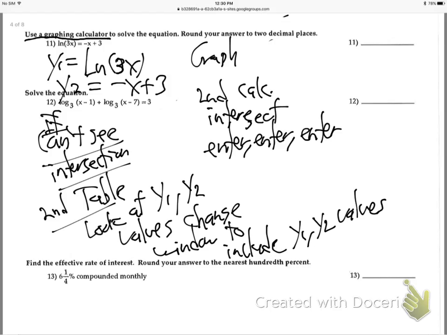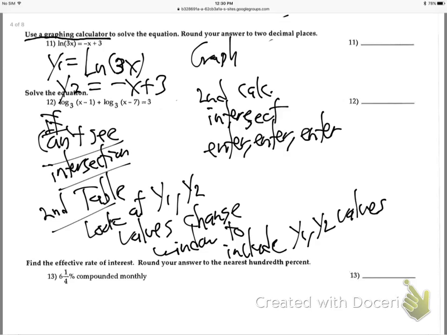So if you hit the graph button and you're just not seeing the intersection, go hit second table, it'll show you the y values, and then adjust your window to include those. Go back to your window, adjust it, graph it again, and then do the intersection thing. Does that make sense?